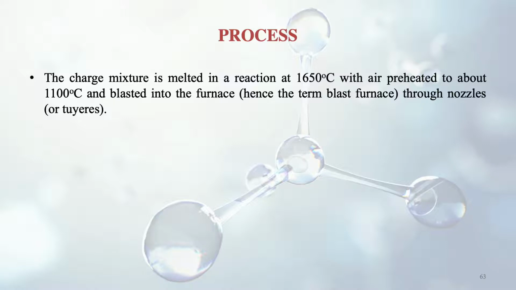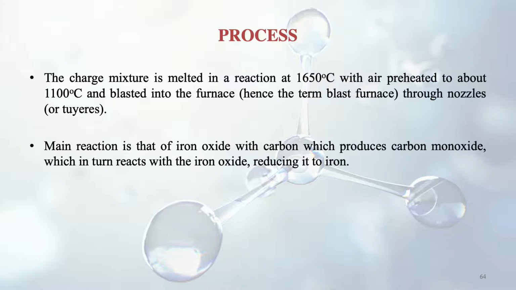From here the name comes, because the preheated air is being blasted into the furnace through nozzles, or the nozzles are also known as stirrers. Main reaction is that of iron oxide with carbon, which produces carbon monoxide. So here the main reaction is that iron oxide is reacting with carbon, and it is getting reduced, and finally we get iron, and the gas which is produced is carbon monoxide.